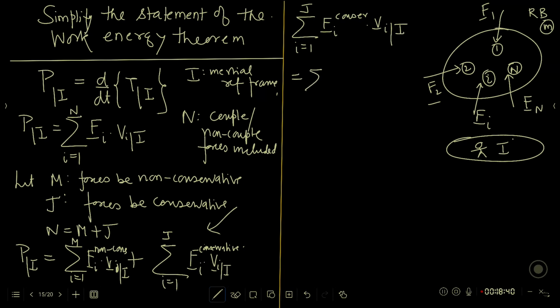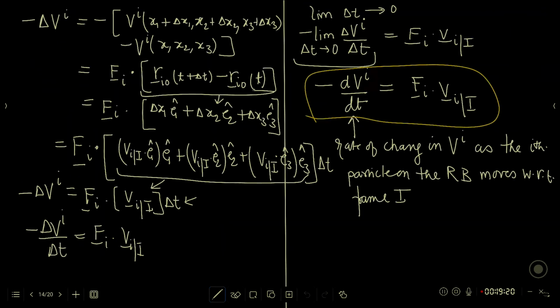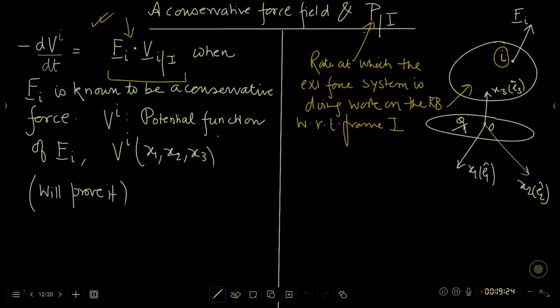Based on the derivation I made, for every conservative force F there will be a potential function V, and thus the rate at which that conservative force is doing work on the RB can be represented as the time rate of change of its corresponding potential function with time.